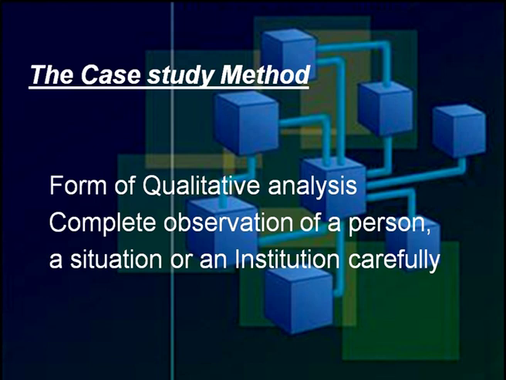He makes the selection of the person or the situation very carefully. It is not taking up a sample as wished by the researcher himself. He has to select the case very carefully, so that the case is highly representative of many other cases with similar qualities.